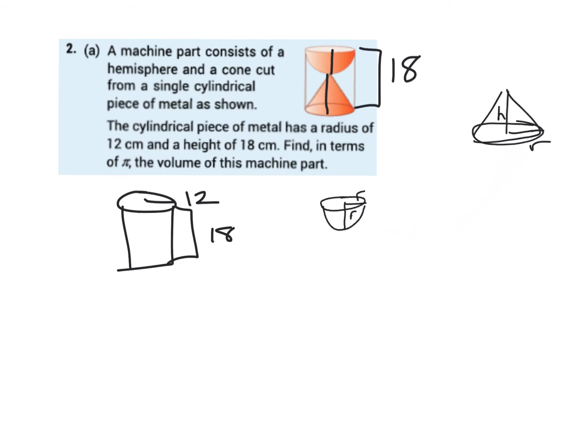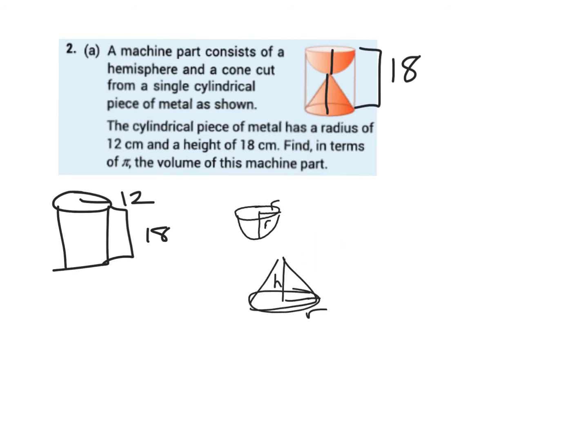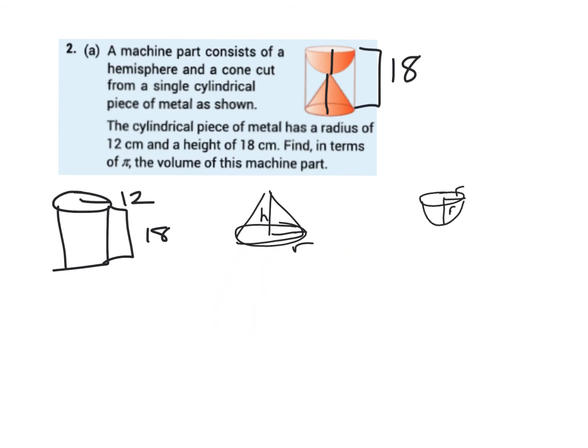So if we first of all look at the cone, my height of the cone is going to be equal to 18 minus the radius of the sphere, which is going to be 12. And that's going to give me a height of 6. So now we can use the volume of the cone formula.